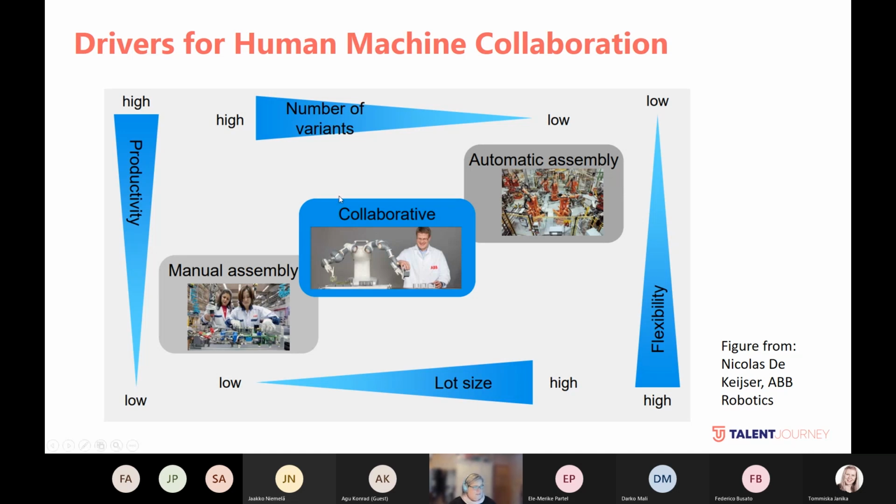But here, in the middle, we have collaboration, where robots and humans work together. Then we get the good of everything, but on the other hand, we may not get the best of everything. However, the collaboration will make it possible to improve the flexibility and versatility of automatic manufacturing.